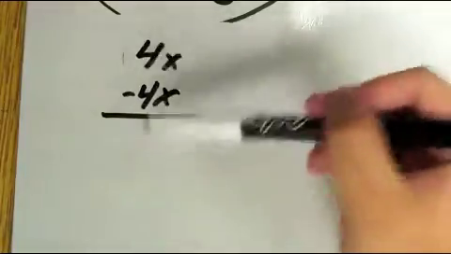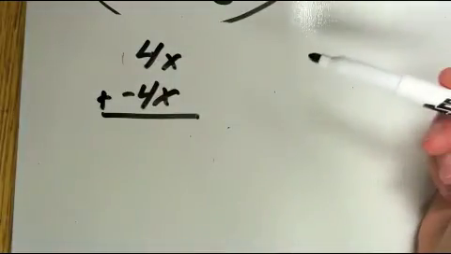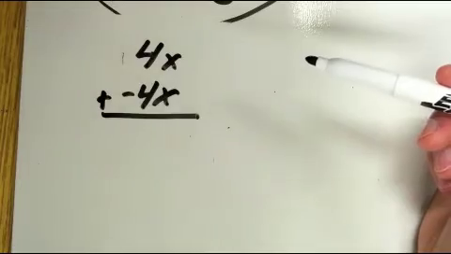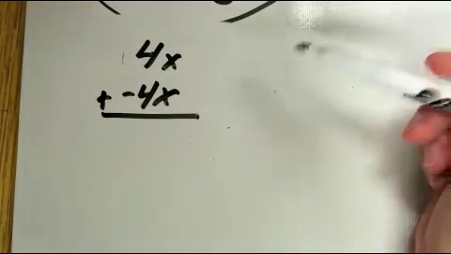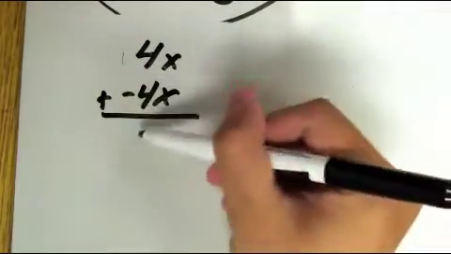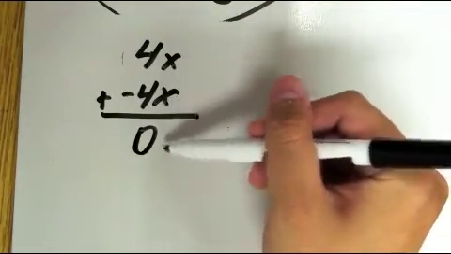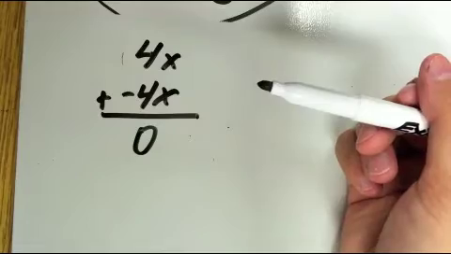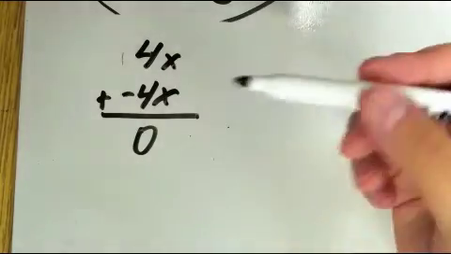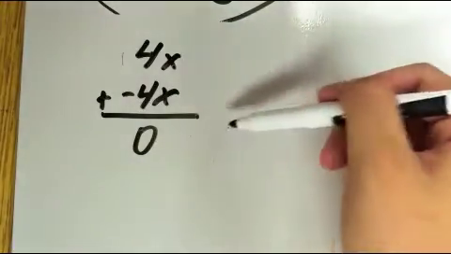Could I add this to get to 0? Did I need to multiply or do anything? No, it doesn't look like I need to do anything, because what's 4 plus a negative 4? 0. So is the x variable eliminated? Yeah, because what's 0 times x? Well, 0. That's what we're going to be doing. Some of the problems today are going to be this easy.